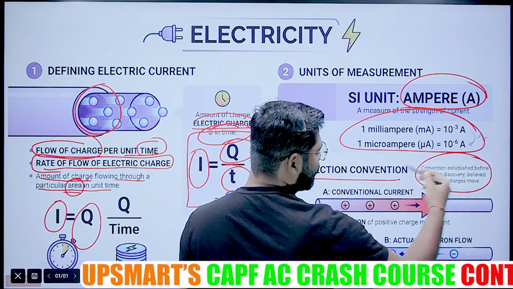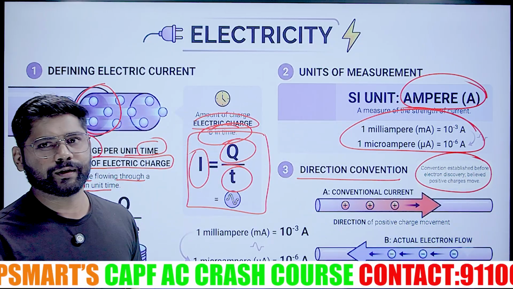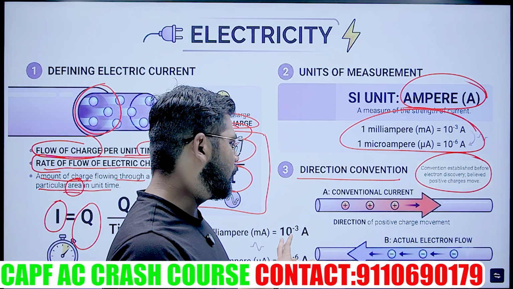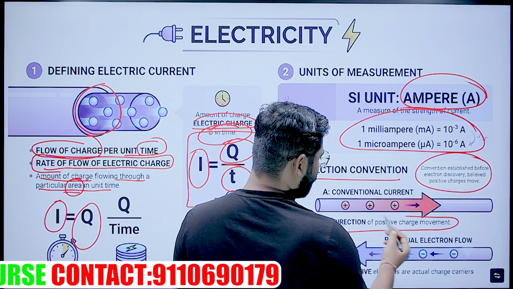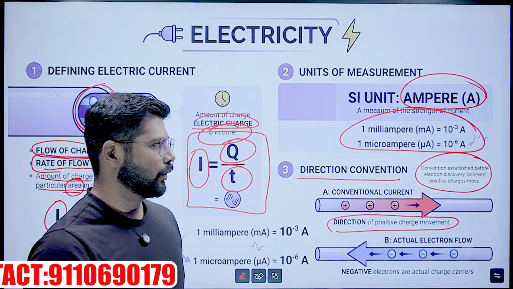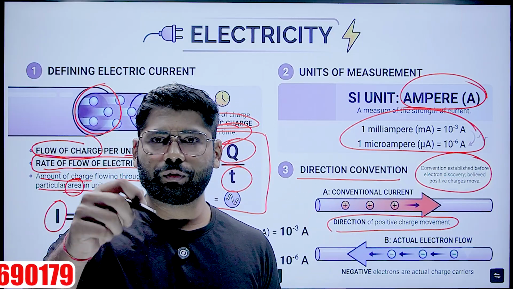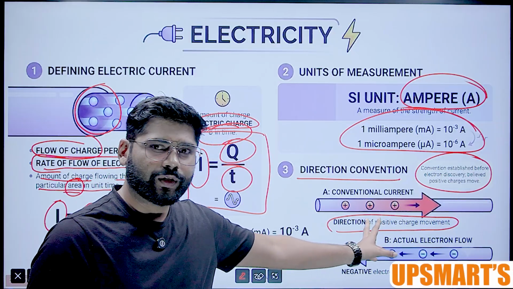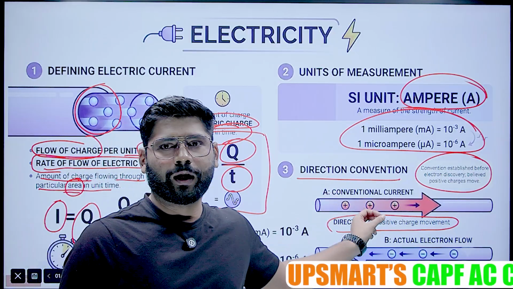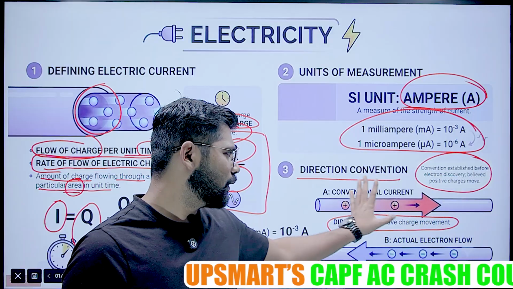So before the discovery of electricity, the convention established was the direction of positive charge movement, that positive charges present in the atom move. That was the convention.